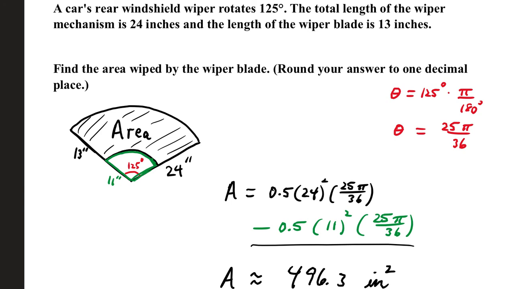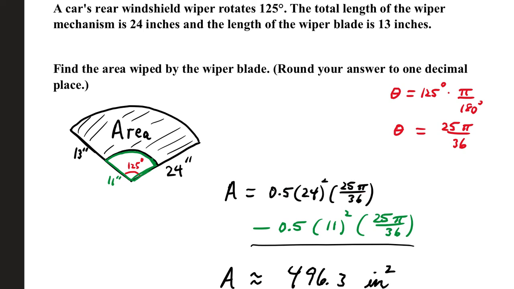In black ink, 1/2 times 24 squared, 125 degrees is equivalent to 25 pi over 36. Don't forget to change degrees to radians. And that's what I put here for theta.